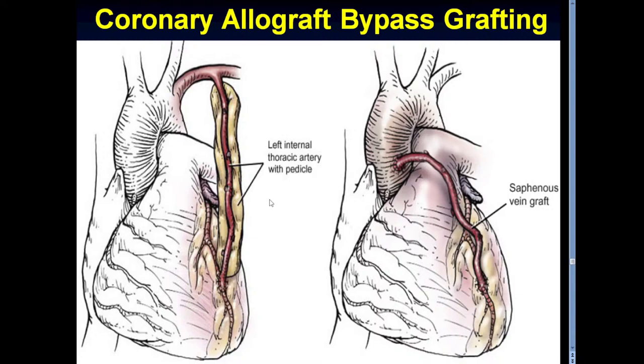And for less significant, for less important regions, we use the saphenous vein graft. But usually during the CABG, we see the combination of the left internal or mammary thoracic artery and saphenous vein graft.